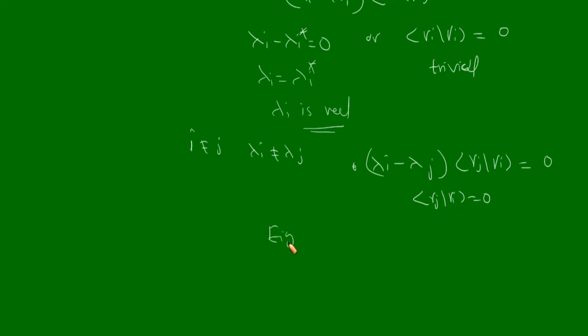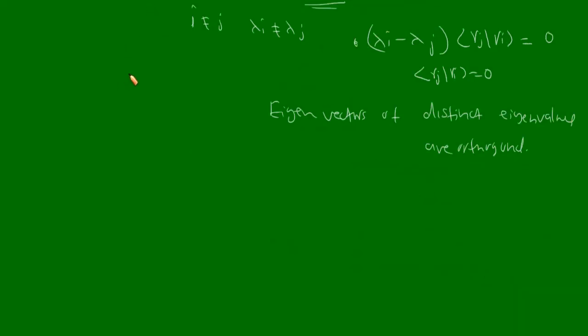So we have the result: eigenvectors of distinct eigenvalues are orthogonal.